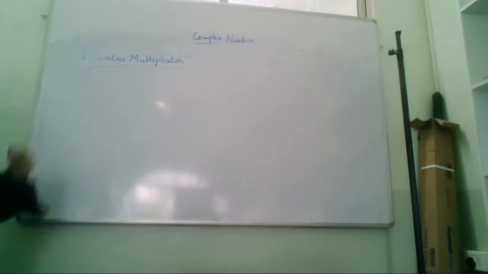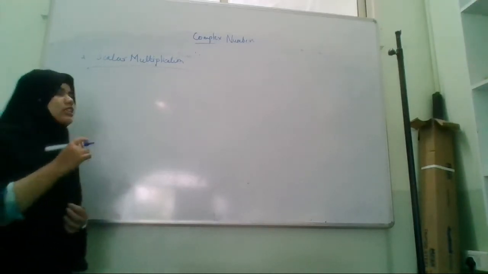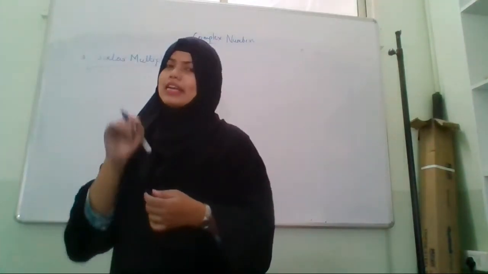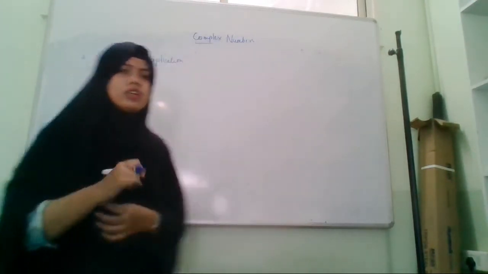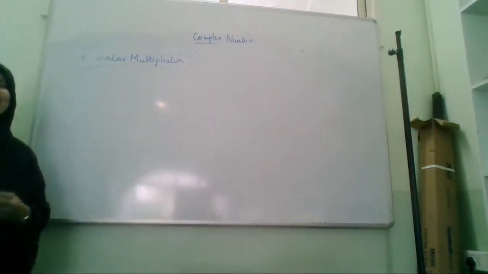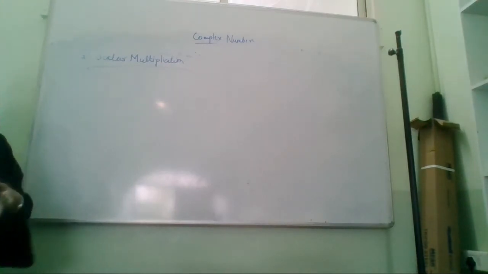Multiplication is different and scalar multiplication is different. Scalar multiplication means we are multiplying that complex number with a particular scalar. Scalar means any real number, like 2, 5, minus 1, anything.